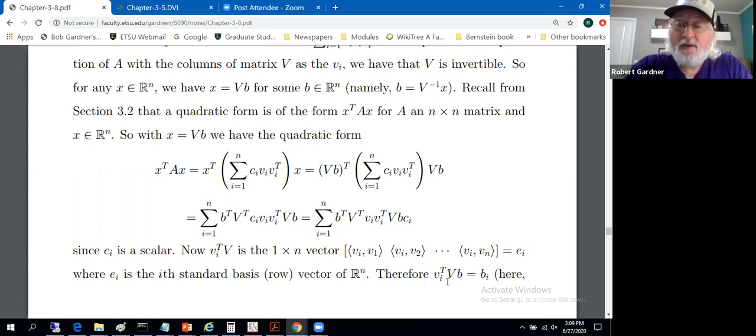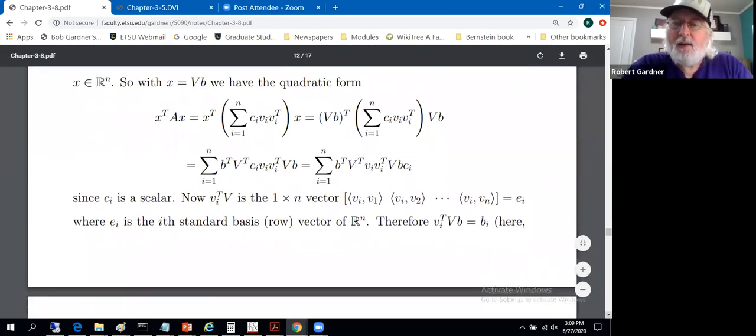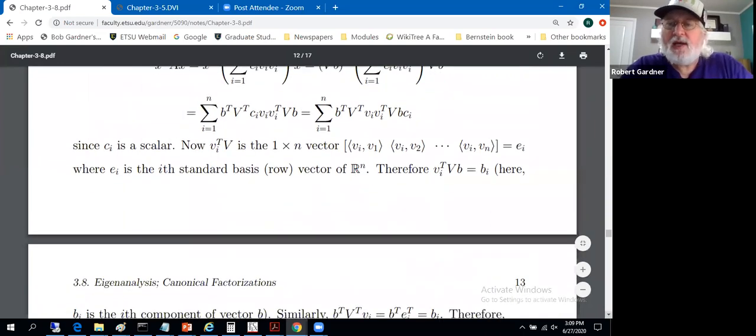This little product here actually produced a row vector. Take the matrix product, which is really just taking this vector of a bunch of zeros and a 1 as a row vector, multiplying it by that column vector B. We'll pick out B sub I, the ith component of vector B. All right, my apologies a little bit on the notation here.